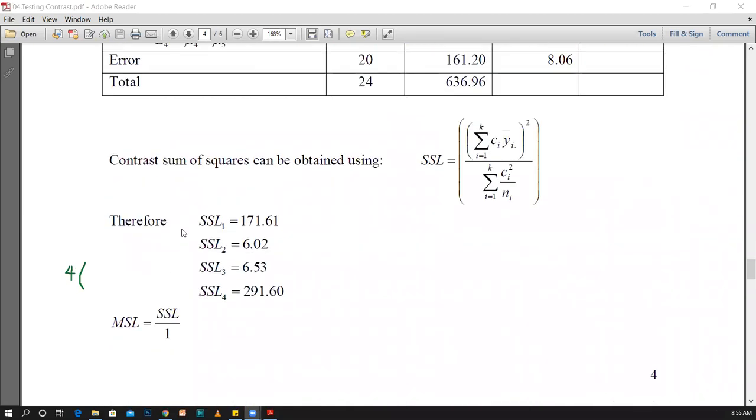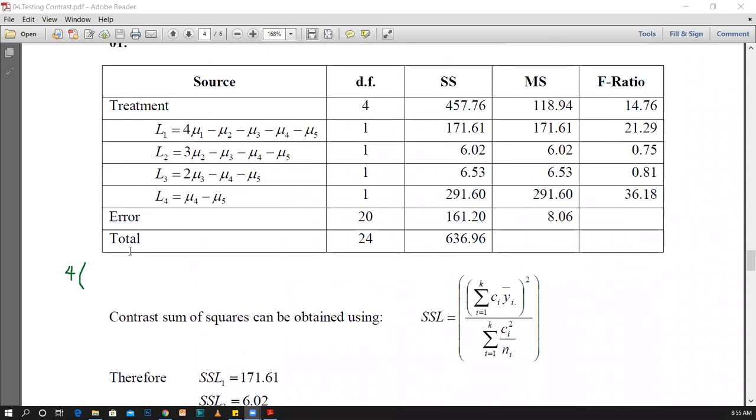Then 49 divided by 5 is the mean value. There is no need to keep the decimal places at this point, because at the end of the calculation we will automatically get the values.